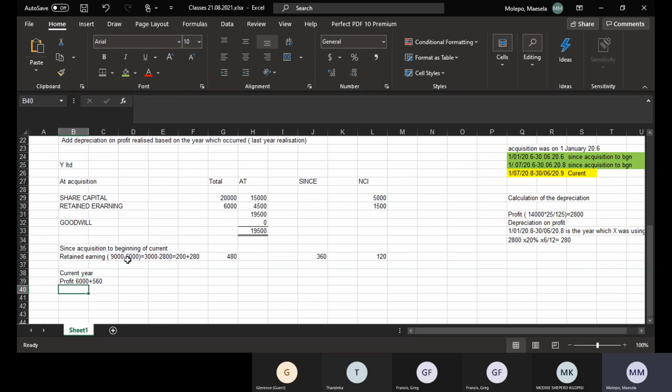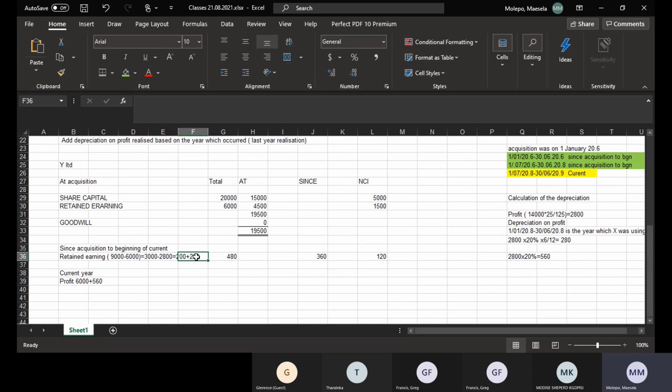The 560 comes from the full depreciation: 2,800 times the 20%, because it was now used for the whole year, which is gonna give us the 560. So this 560 is now added here.